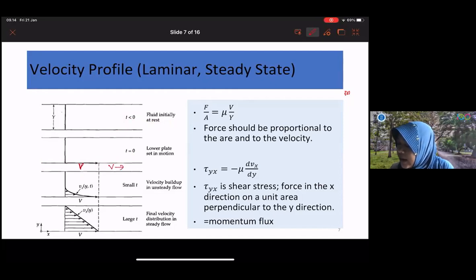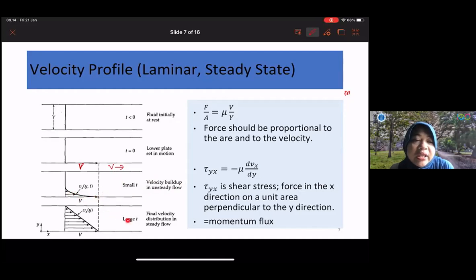Then at a very small t, a velocity builds up in unsteady flow. The fluid around this area will also have velocity going up, because it is being dragged by the lower plate in motion.